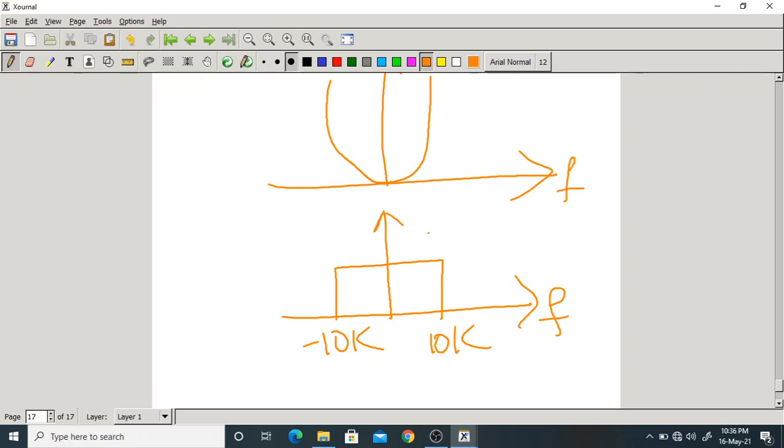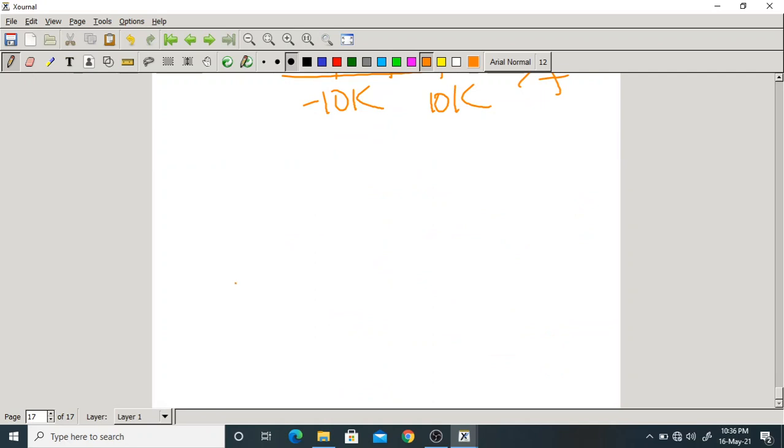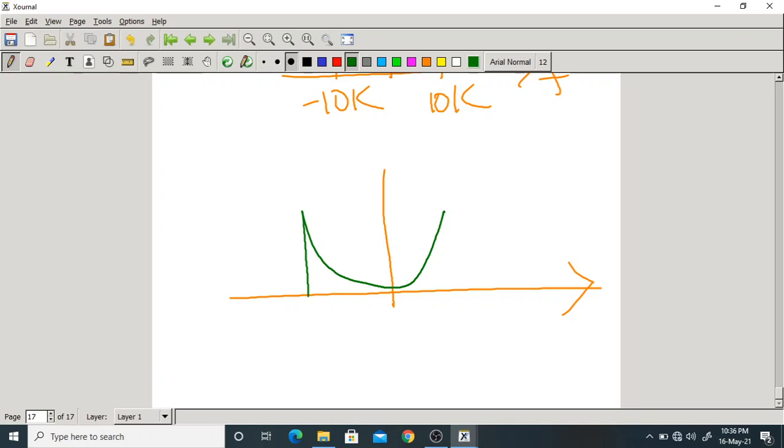F or omega, no problem. What do you get? You get like this. Figures are not required, but I am just writing for your understanding purpose. This is omega square from minus 10k to plus 10k.